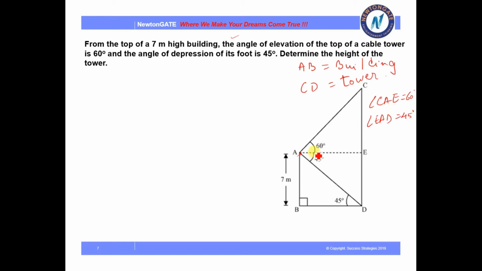Now we have this angle, but we need to find another angle from where we can find a triangle and we can use the trigonometric ratios, right? So this is 45. AE is parallel to BD. Why? Because this is a horizontal line and this is a horizontal line. We take the angles from a horizontal line.